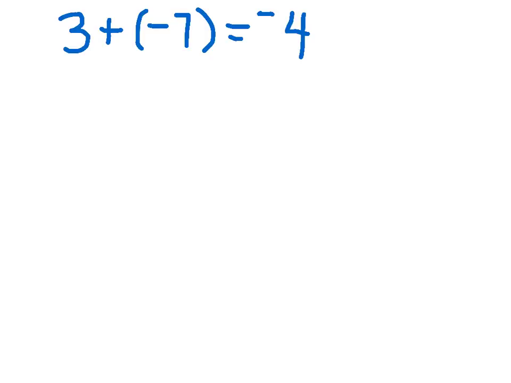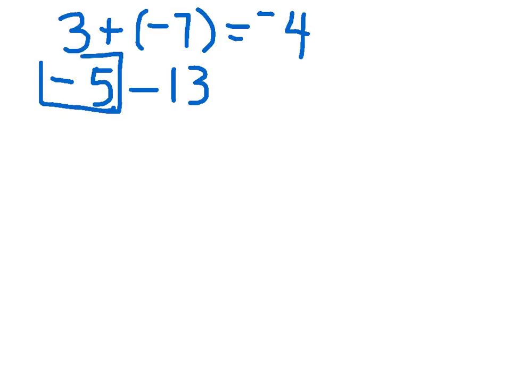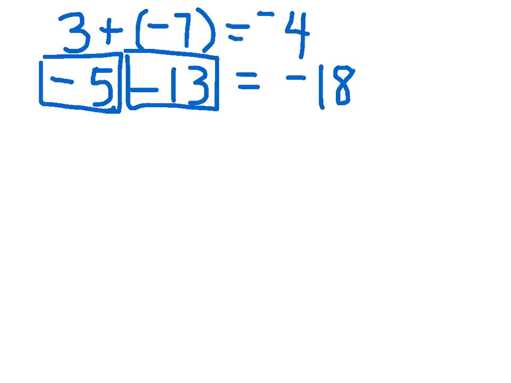Subtraction is a little bit more complicated because one of the things that kids often mistake is something like this. The sign in front of the number is, for all intents and purposes, the sign of the number. So one way to think about this is just to say I've got negative 5 and I've got negative 13. Like signs, add, use the sign of the greater absolute value.